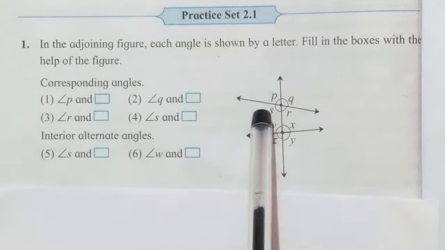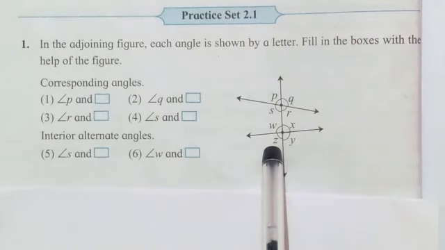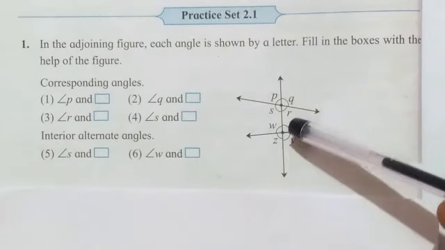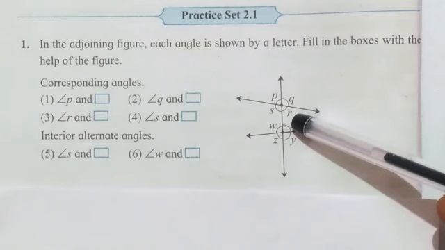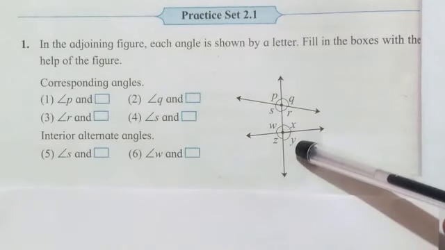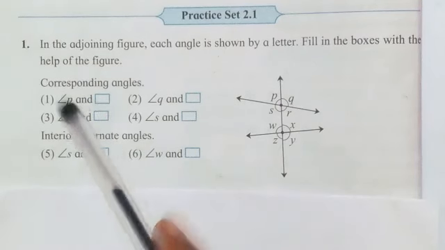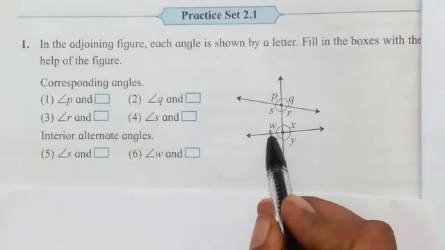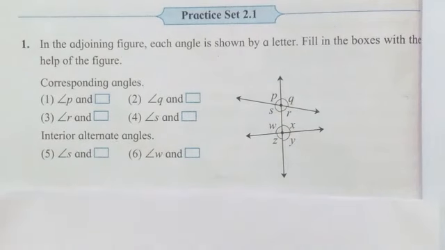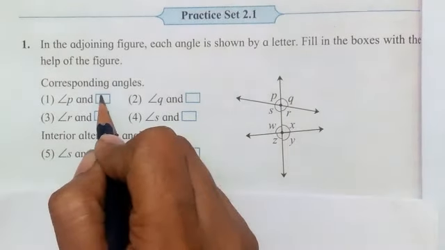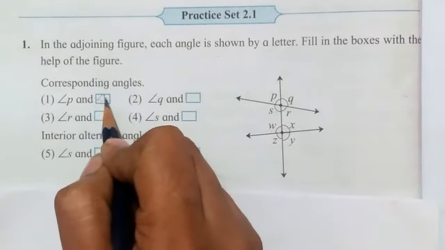So S and Z is the second pair, Q and X is the third pair, and R and Y is the fourth one. So just complete the boxes. P is pairing with the W. So you are going to write angle W.